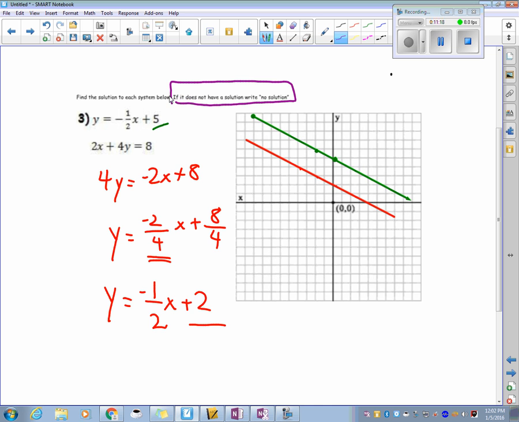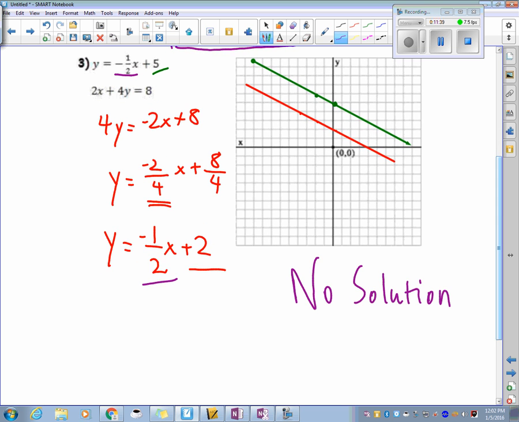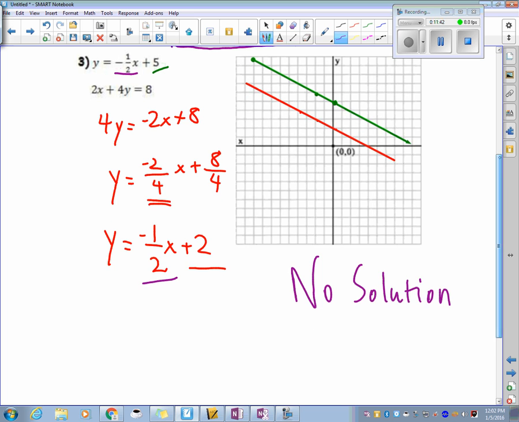And we have no solution, because we know that parallel lines never cross. So if these never cross, there will be no solution. Okay?